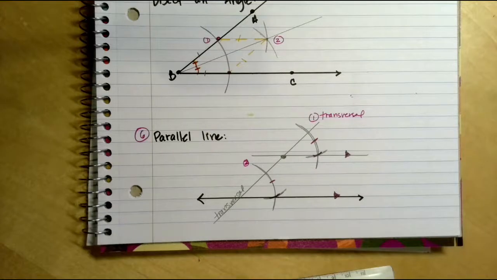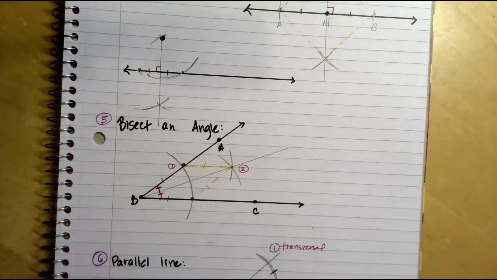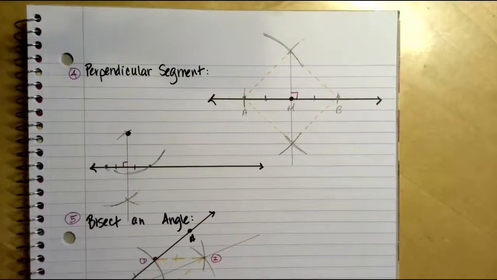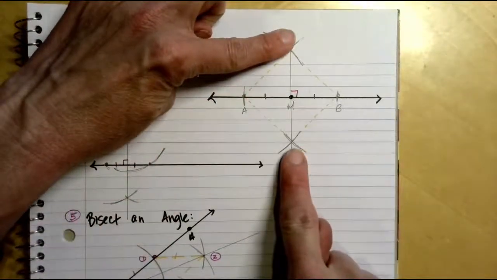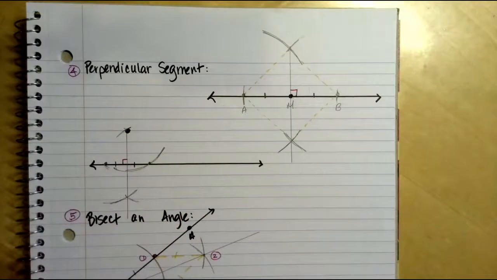All right. So in your questions for SOLs, they're going to be showing you where different marks are on the diagram, and they're going to be asking you what it is that they're constructing. So when you see these marks above and below, you're like, oh, they're making a perpendicular bisector.